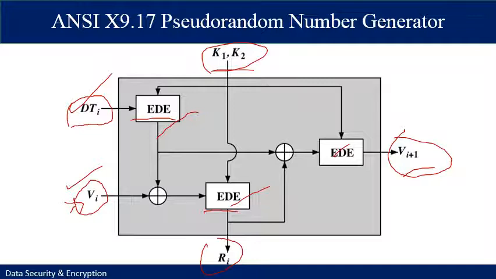Even if the pseudo-random number R of i were compromised, it would be impossible to deduce the value of the seed from the resulting pseudo-random number, because the additional encryption, decryption algorithm operation is used to produce the next value of the pseudo-random generator.